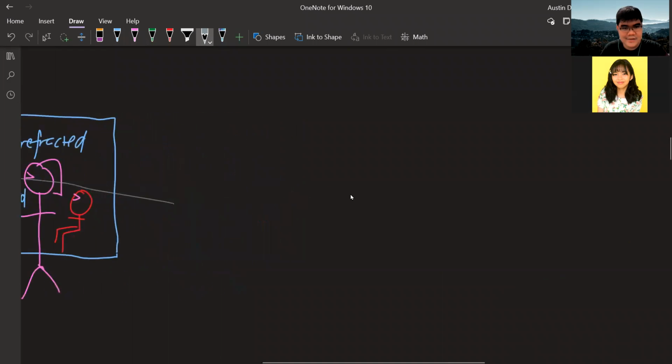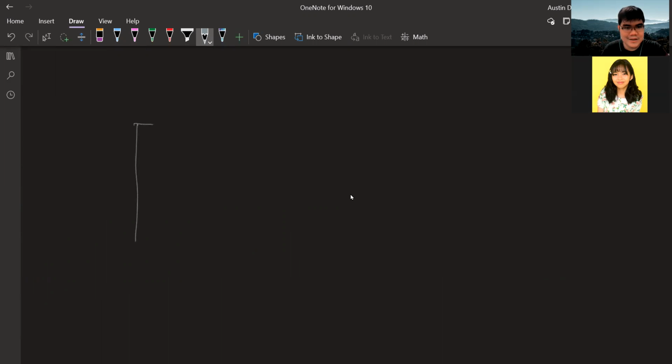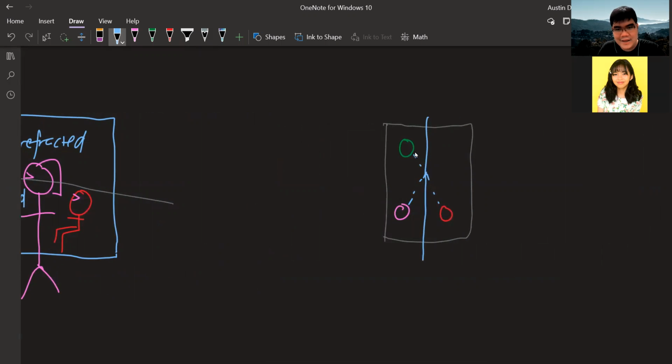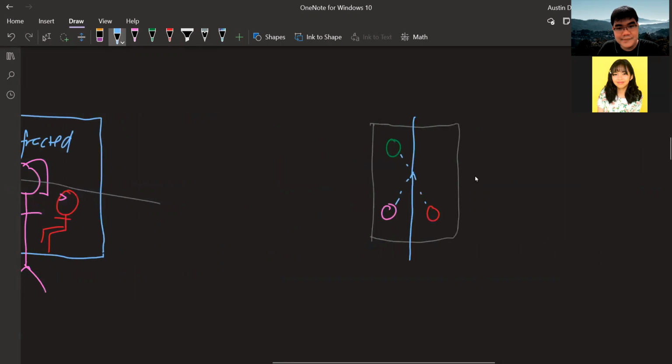Okay, so there's a plane there. If you look at it from the top view, this is the girl, this is her head, and this is the guy. Then you have a boundary, then a hat here, and then you have a light. So this is the top view. I'm just describing the plane of incidence; imagine it. The plane of incidence would contain all the light rays. All the light rays lie in it.